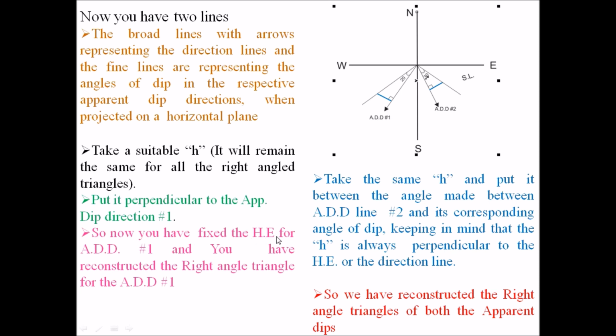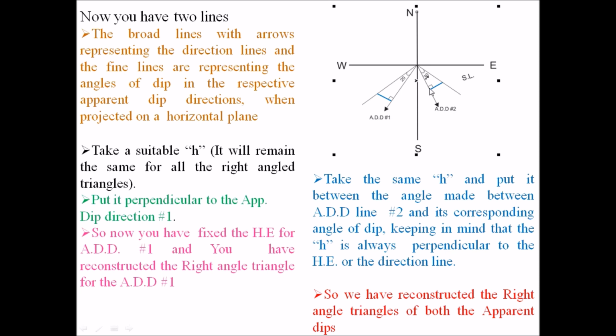Now we have fixed HE for the apparent dip direction. Here in this triangle we have fixed HE. This is the HE from the center to this place, the HE for apparent dip direction 1. Similarly, this is the HE for apparent dip direction 2.